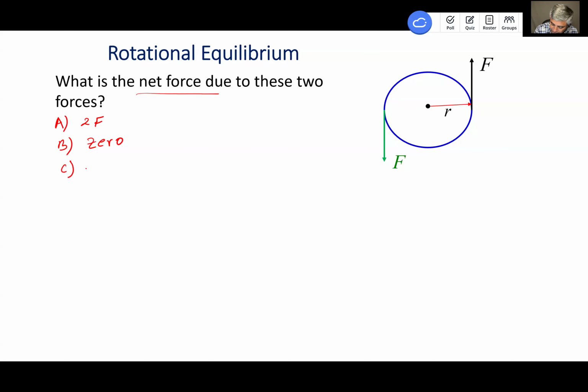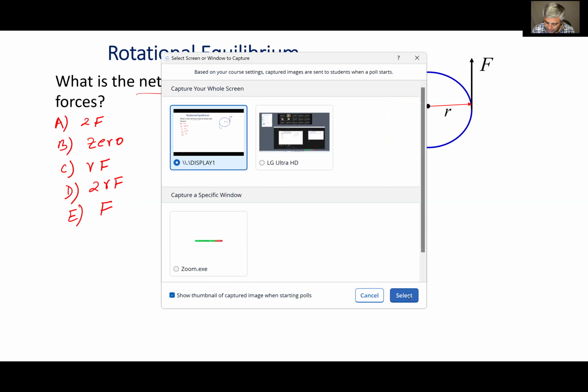C, R times F. D, 2 times RF. And E, just F. So what is the net force on this object due to these two forces? So I'm going to open the poll, and now you have a minute to answer this question.